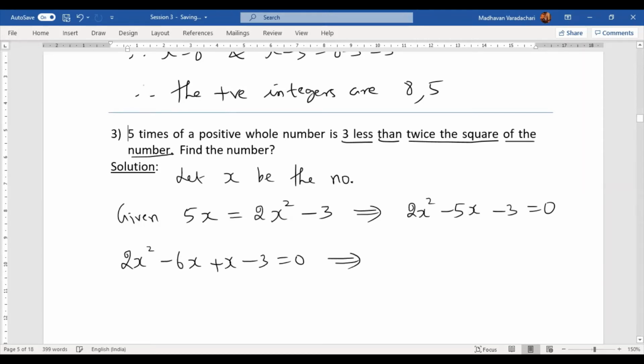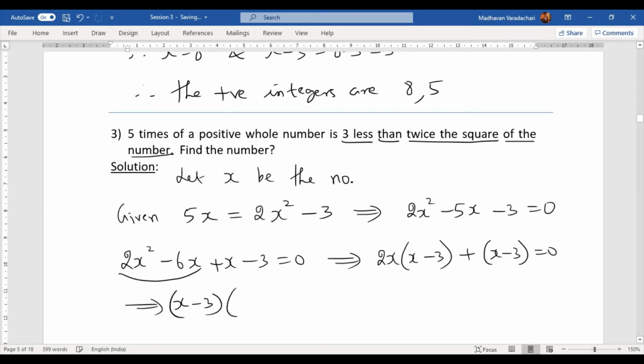Now, common in the first term is 2x. Means in these two, common is 2x. So 2x(x minus 3), then plus (x minus 3) equal to 0. Now, common in these two terms is x minus 3, times 2x plus 1 equal to 0.